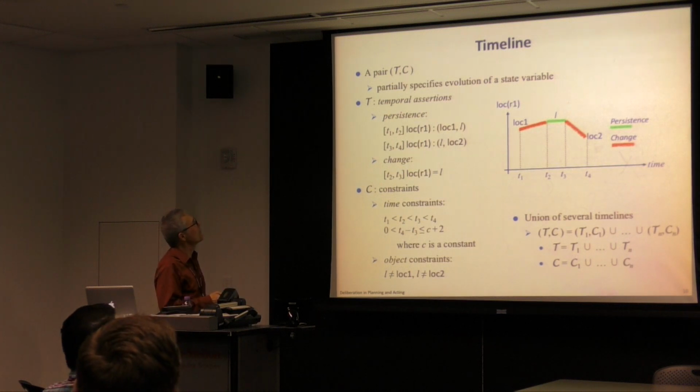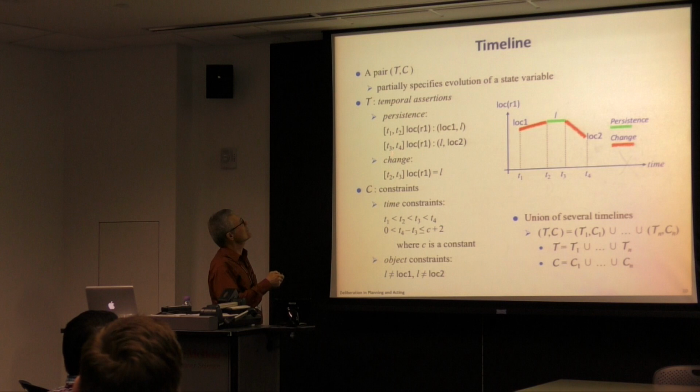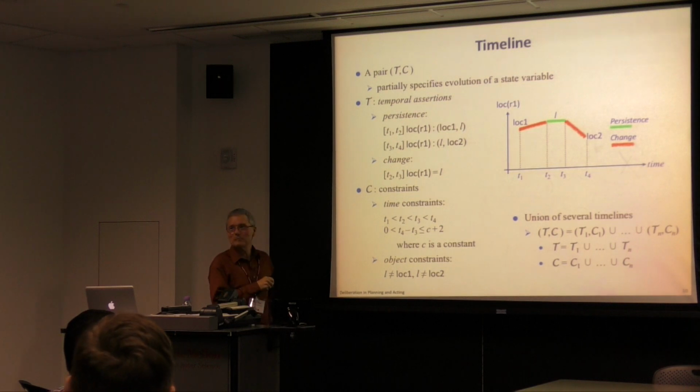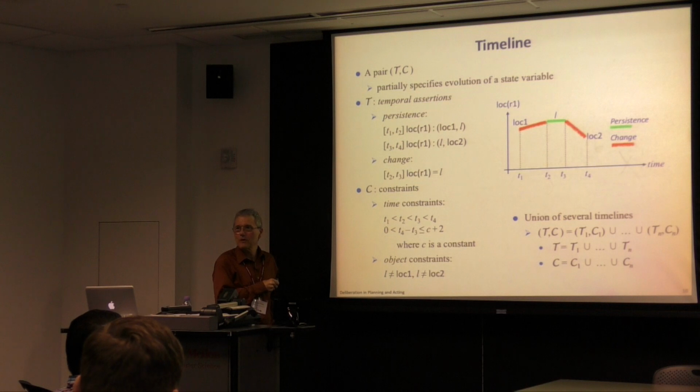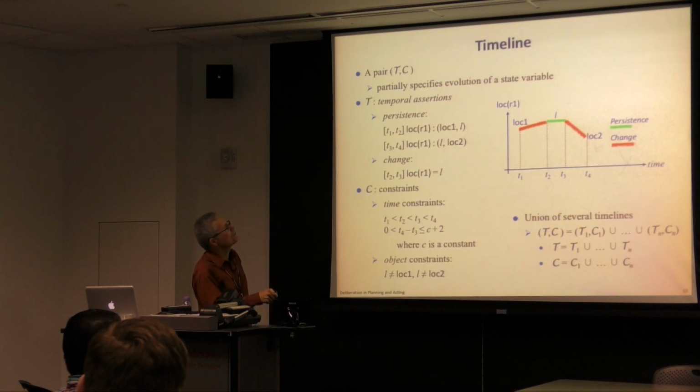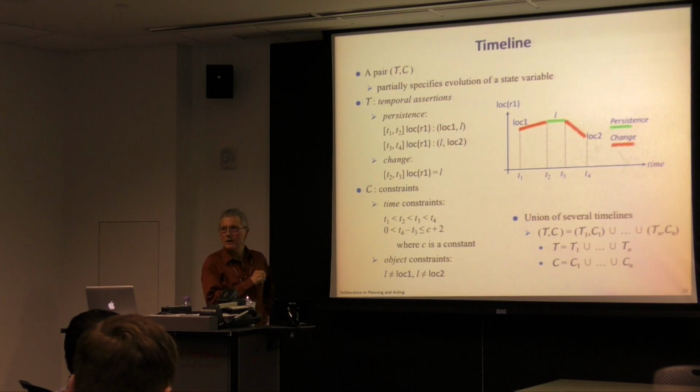This is weird. Okay. Persistence and change are reversed on this slide. This is the persistence condition. It says that over some time interval, starting at t2 and going to t3, the location of r1 is some particular value. So that remains the same over that time interval. So that's this green thing in the diagram over here. All right?